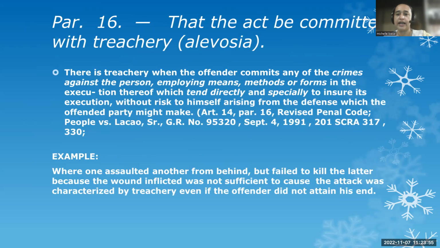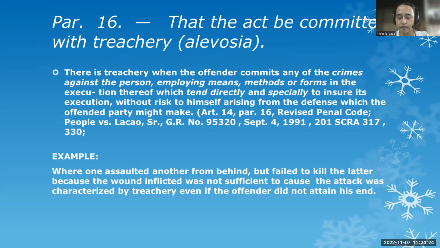Paragraph 16: that the act be committed with treachery or alevosia. There is treachery when the offender commits any of the crimes against the person, employing means, methods, or forms in the execution thereof, which tend directly and specially to ensure its execution without risk to himself arising from the defense which the offended party might make.